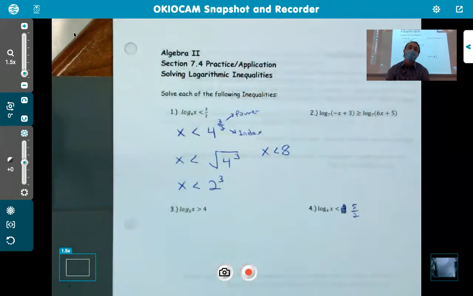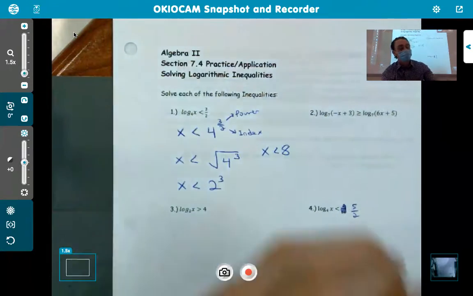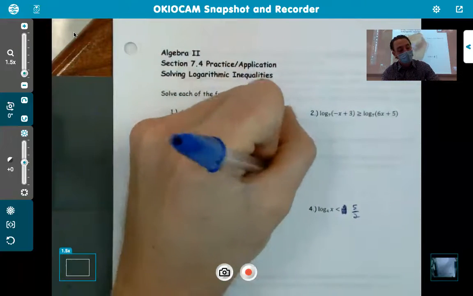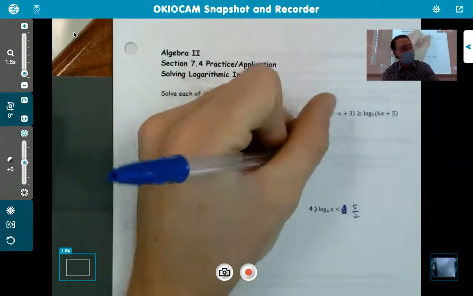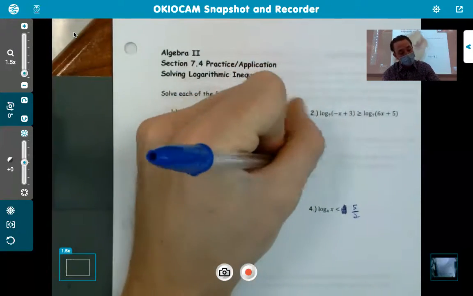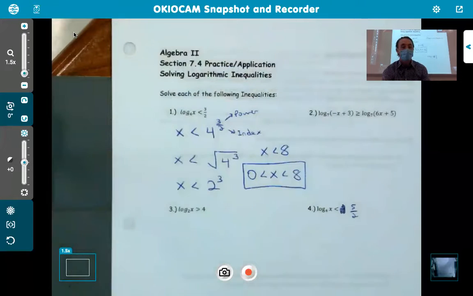Because it's less than, what am I forgetting? Or what do I need to include? 0, right? So 0 is less than X, which is less than 8. Like I said, anytime that you have that less than, you need to include the 0. Okay? Any questions about that first example?